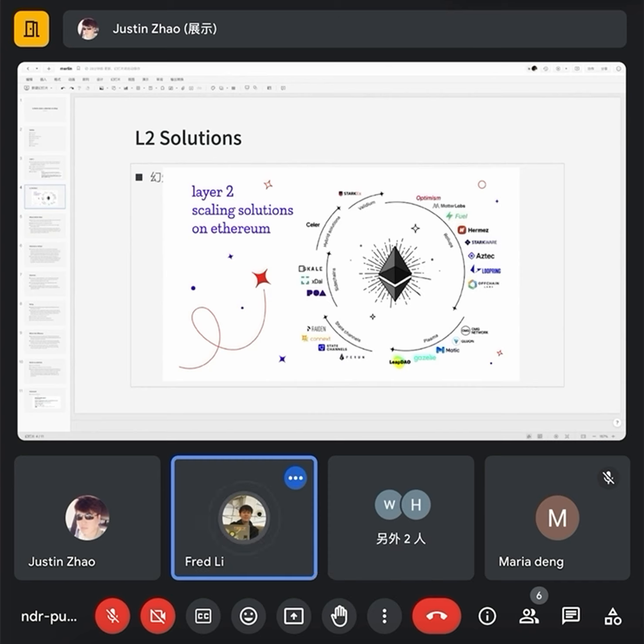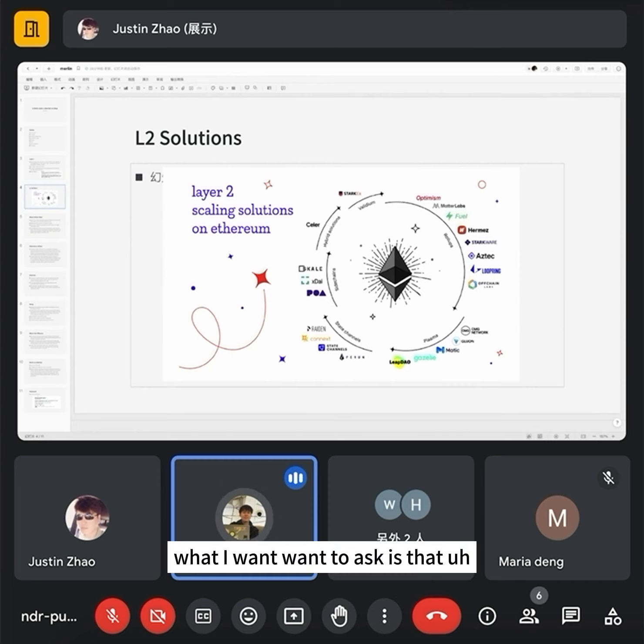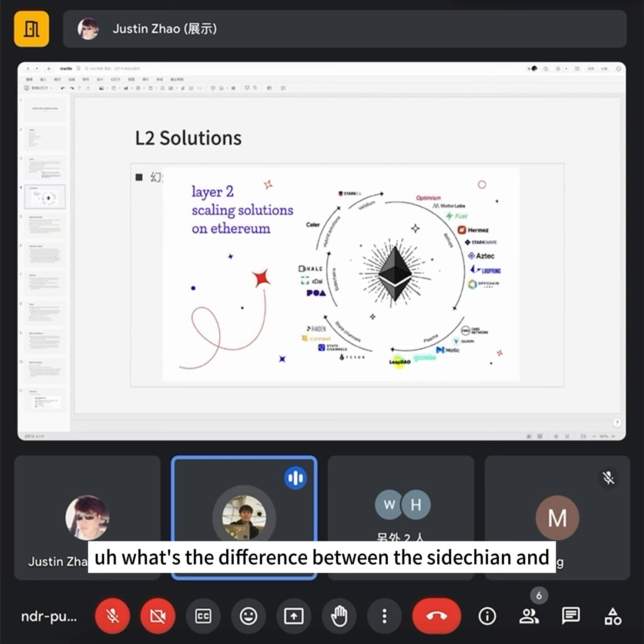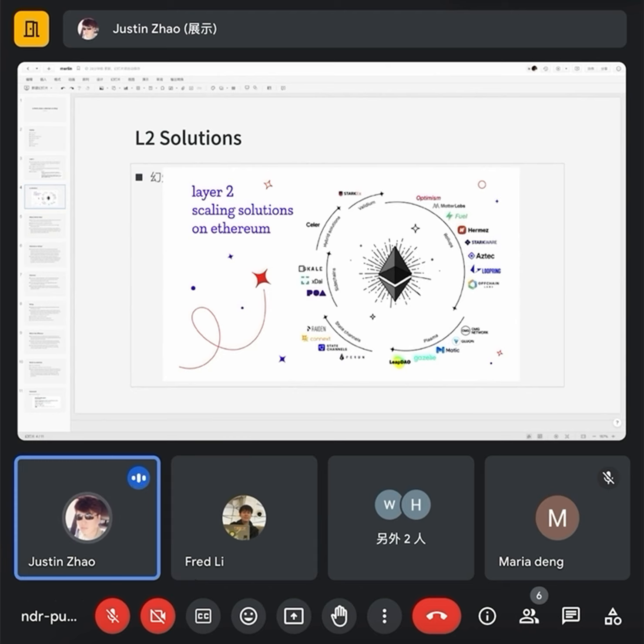But what I want to ask is, what's the difference in that way? What's the difference between the sidechain and Validium? So I'm a little bit confused about that. Good question.